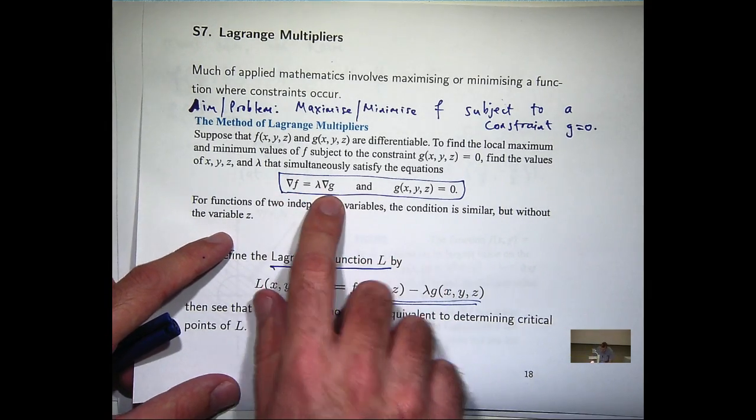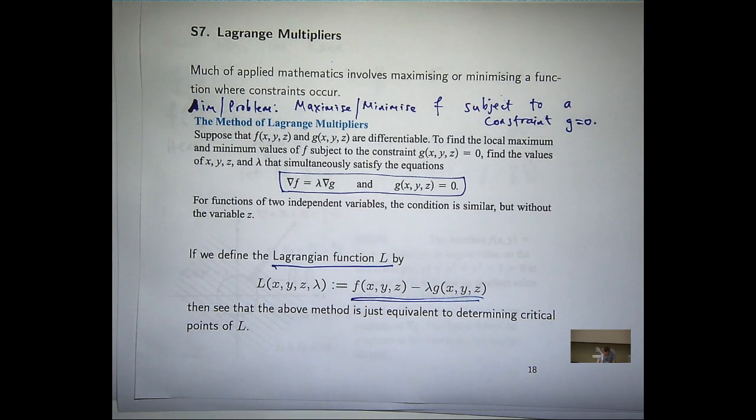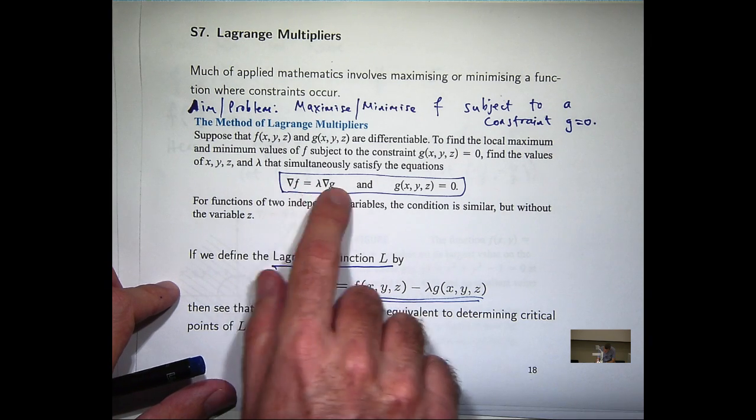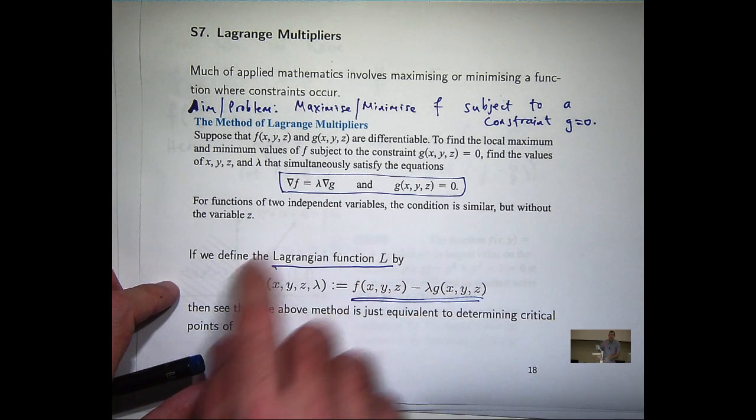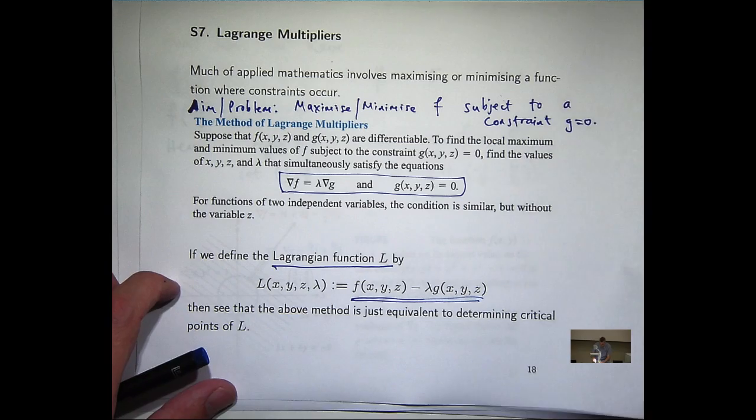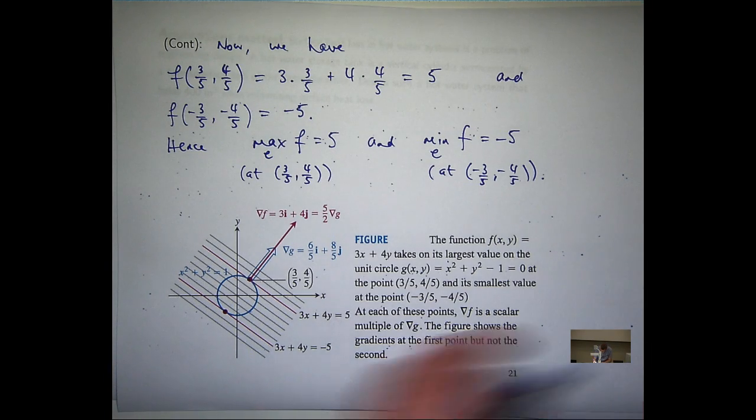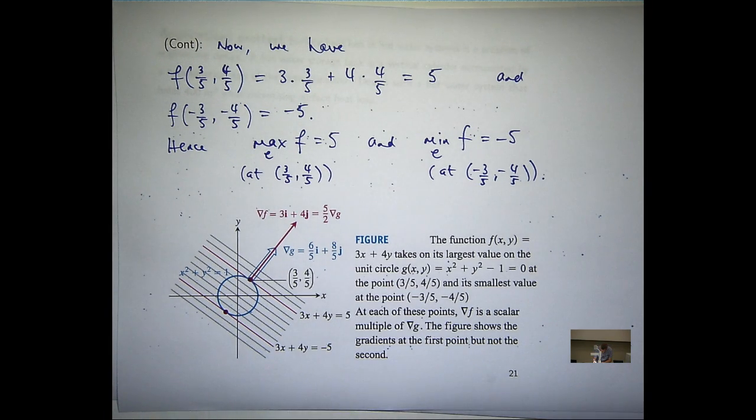This says that grad f is a multiple of grad g. Let's actually confirm that. So grad g. So these two vectors must be a multiple of each other, I guess, as long as the lambda is non-zero. Let's actually confirm this for our points of interest.